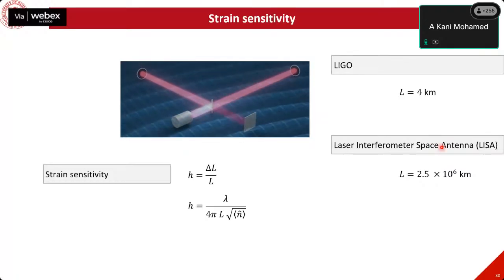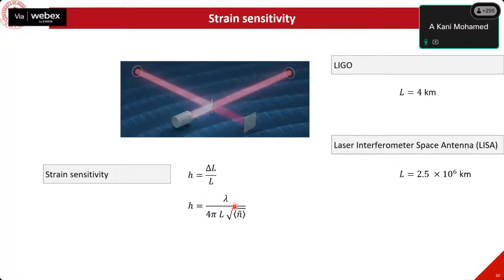This is a space-based laser interferometry gravitational observatory. Instead of the ground-based LIGO, this is a space-based LIGO. Here LIGO uses a 4-kilometer arm length, but in space they have proposed using 2.5 times 10 to the power 6 kilometers, a million kilometer length, in order to enhance the sensitivity of the gravitational wave detection.